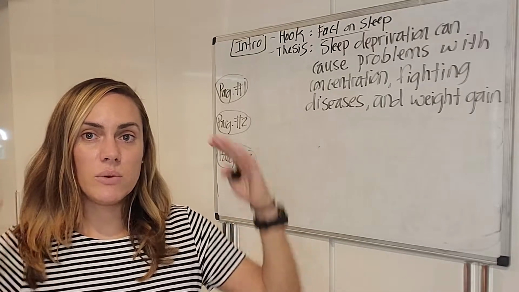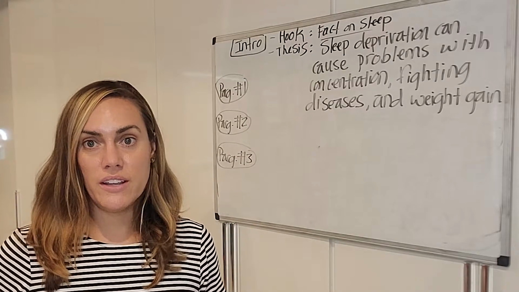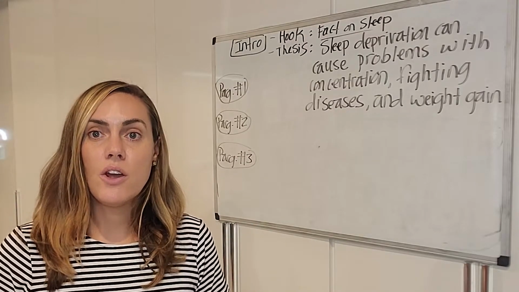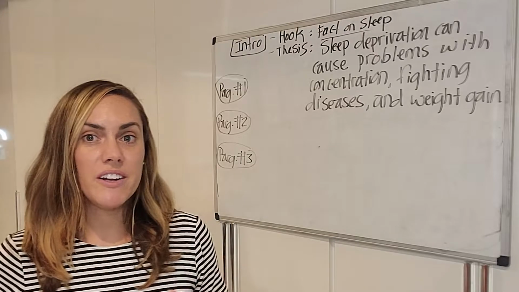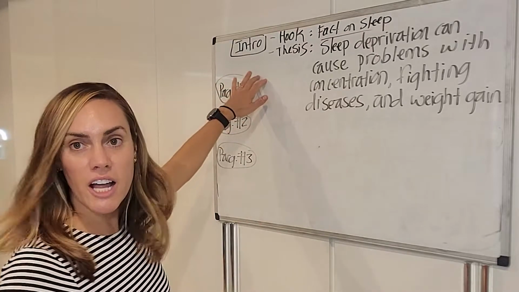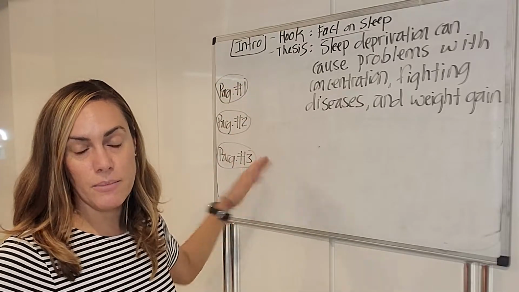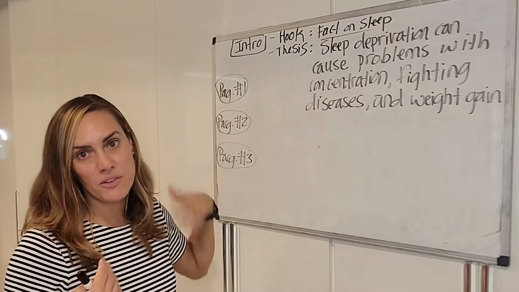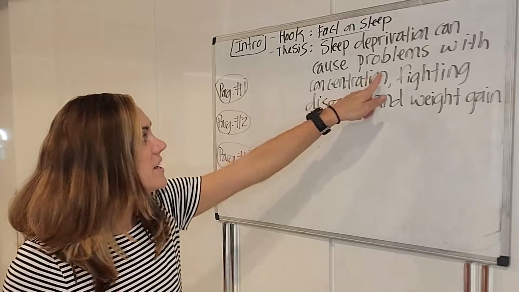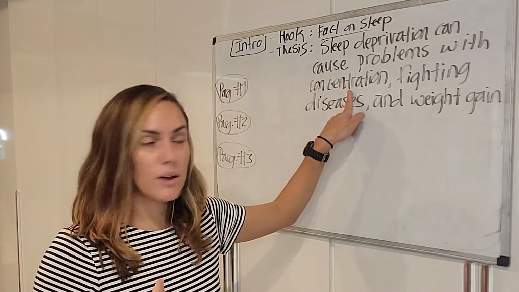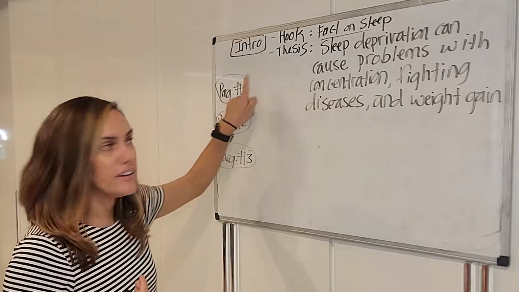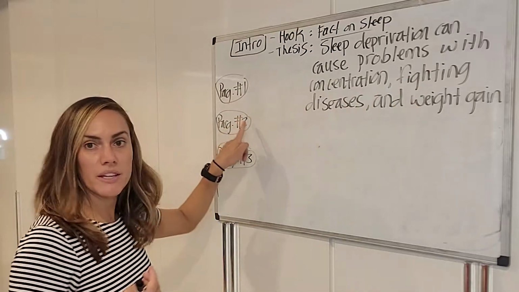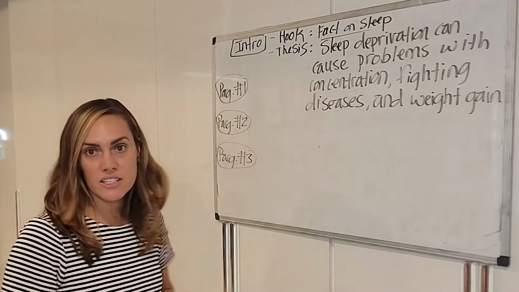I did a thesis where I listed out 3 effects of sleep deprivation, which makes it really easy for the reader and the writer to plug in those ideas here. It makes it easy for the reader to follow the writer's ideas, and it makes it easy for the writer to go back and say, well, this is the first thing I want to talk about, so I'm going to put that here. This is the second thing, so I'm going to put that here, and this is the third thing, so I'm going to put that there.